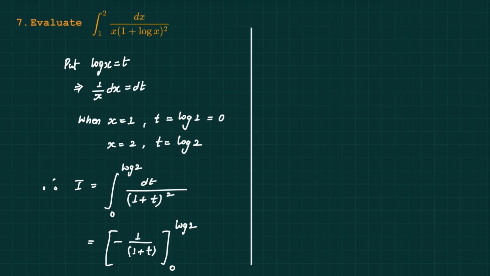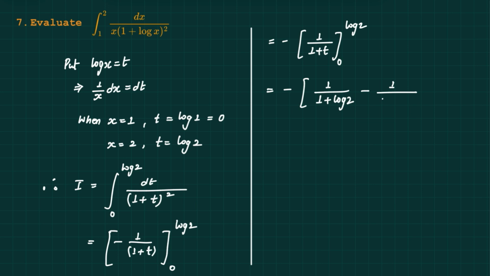So to avoid confusion, let us take out minus common first: minus 1 over 1 plus t, from 0 to log of 2. Now we will put the upper limit, so it will be minus 1 over 1 plus log of 2 minus, putting the lower limit, 1 over 1 plus 0.